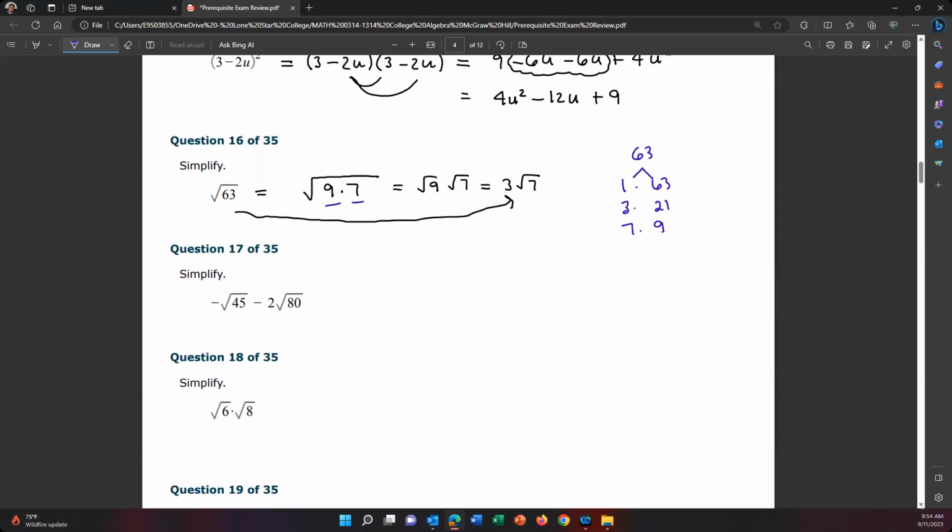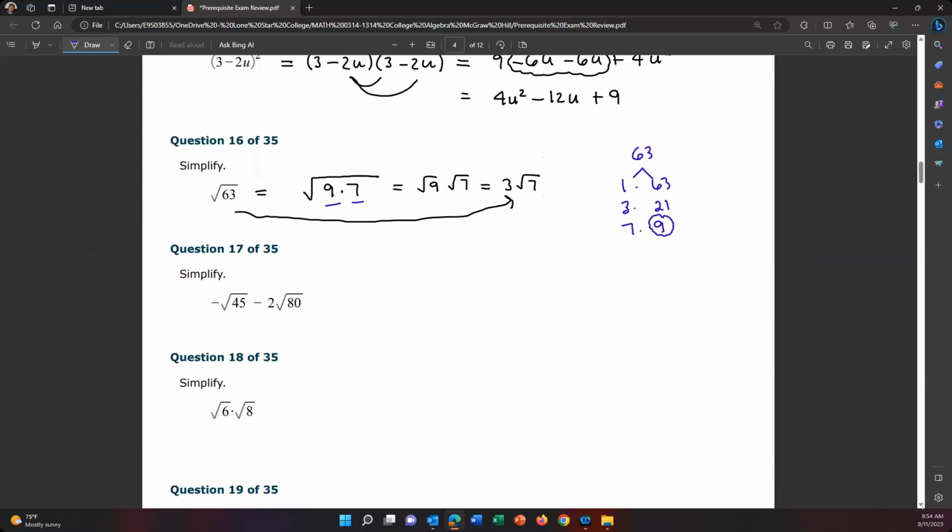Now, if we look at those 6 numbers, which one of those is the biggest number we can actually take the square root of? And if you guessed it right, that is 9.